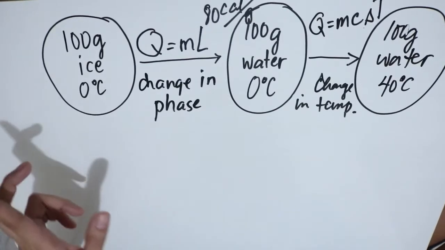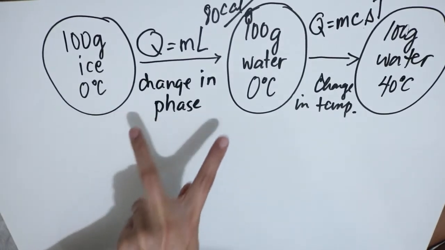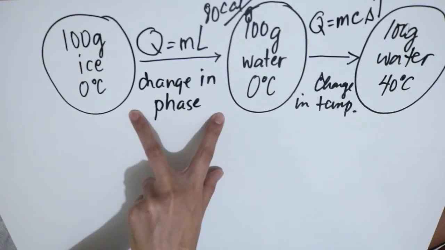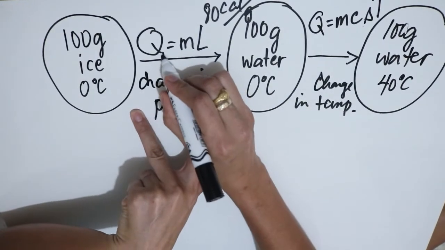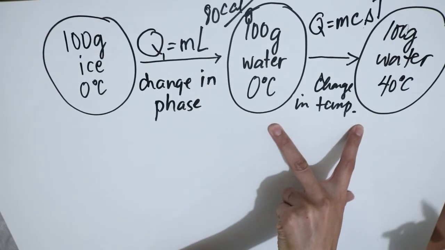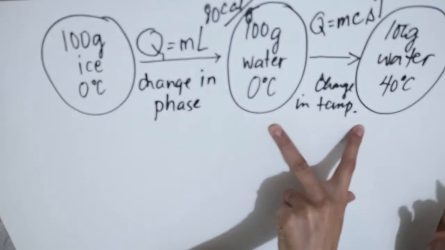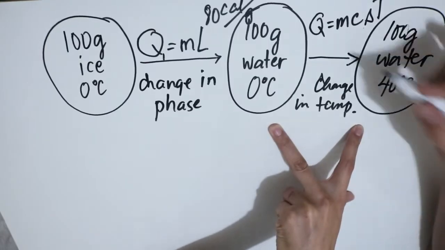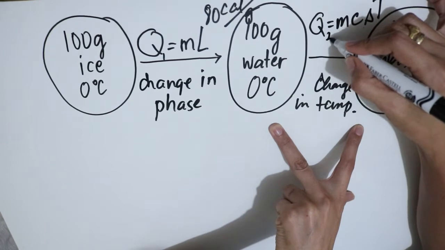Since the problem is asking for the energy used to change its phase, let's use Q1. Since it is also asking about the energy used to change the temperature, let's say this is Q2.